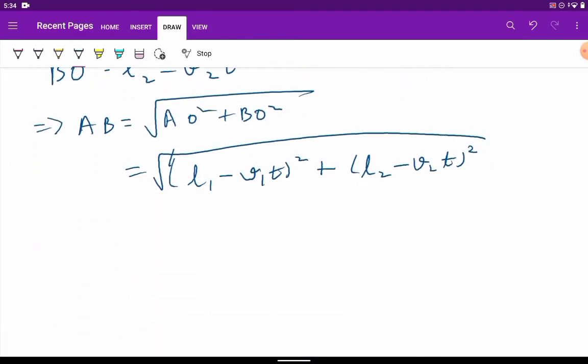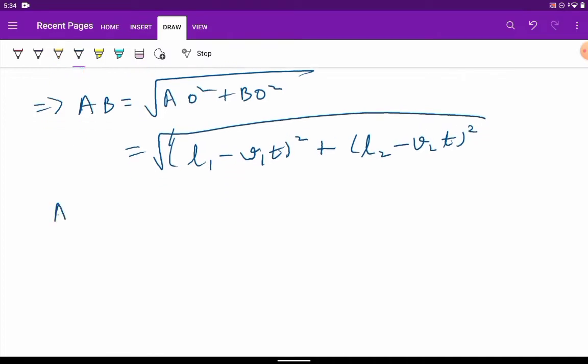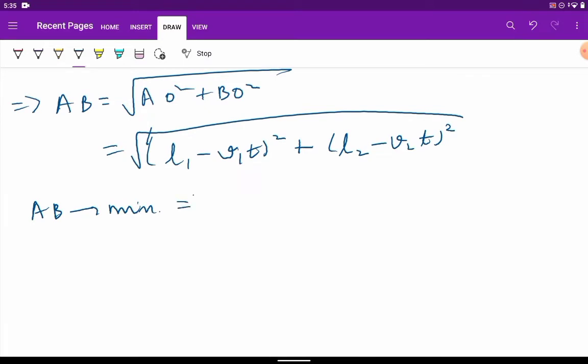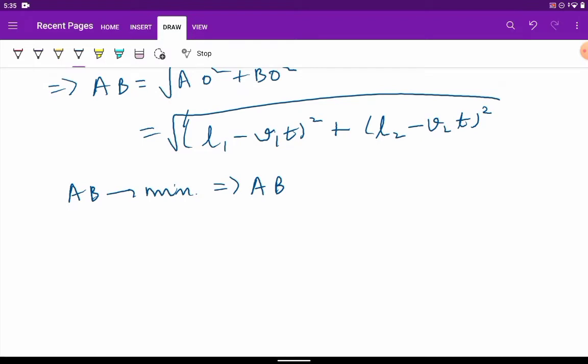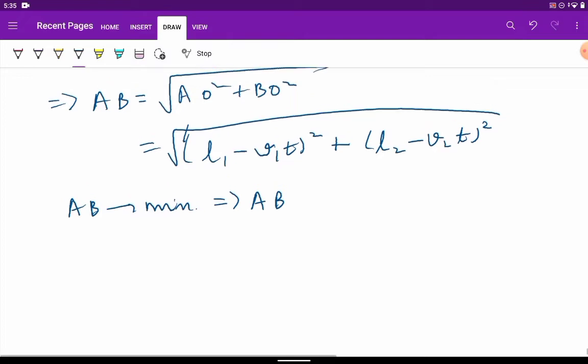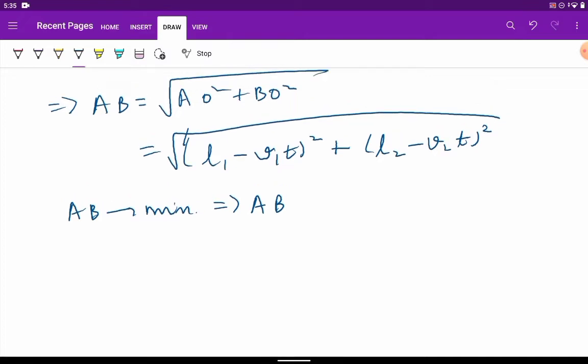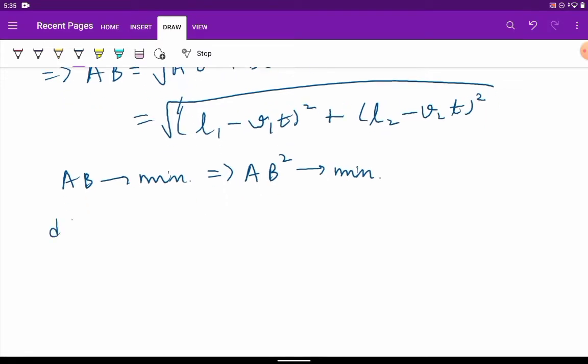So AB has to be minimum, so AB square also has to be minimum, right? So d(AB square)/dt, the variable over here is time, should be equal to 0.